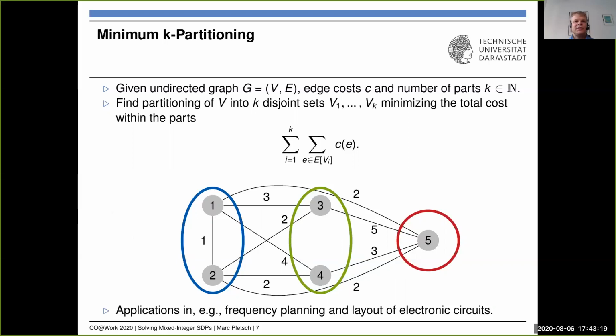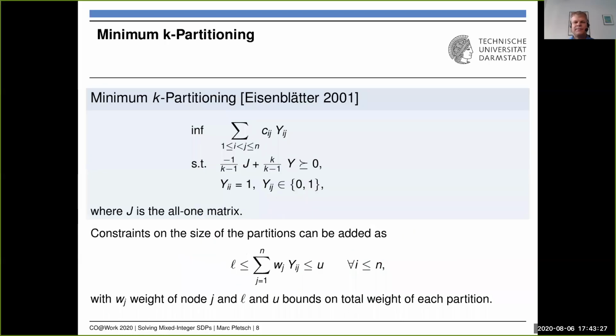This partitioning problem has applications, for instance, in frequency planning in telecommunications and layout of electronic circuits. There's a formulation as a mixed integer SDP by Eisenblätter. It looks like this here. So we are minimizing this sum subject to this semidefinite constraint.